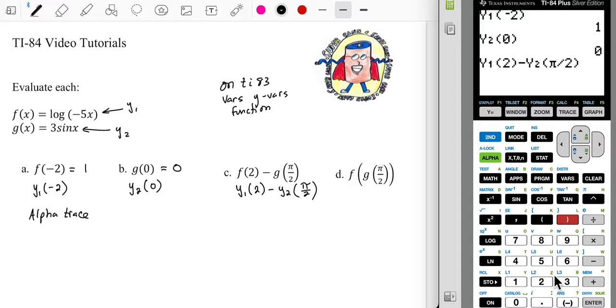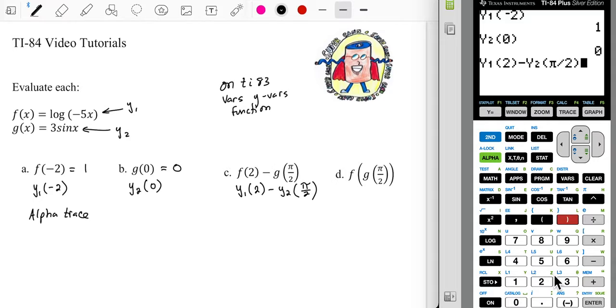If I plug in a 2 for x, let's play this out logically, because it's a piece at a time, but you still need to have something that's going to exist when you make a substitution. If I plug in a 2 for x, I'm going to get log of negative 10.